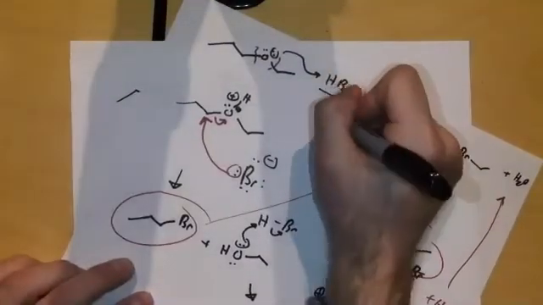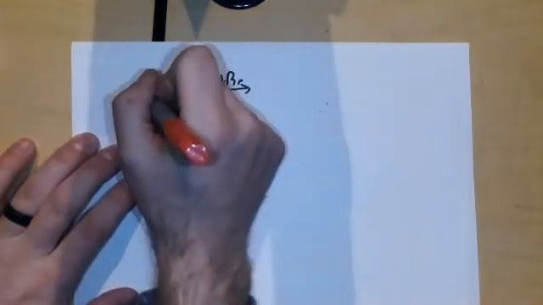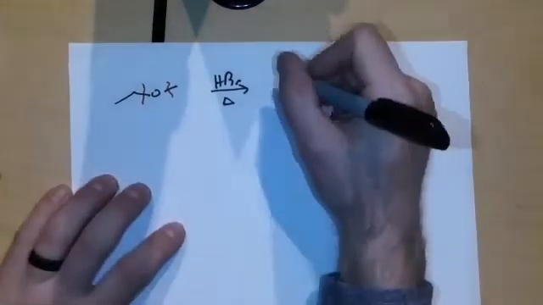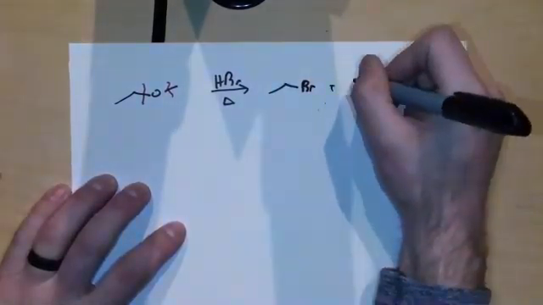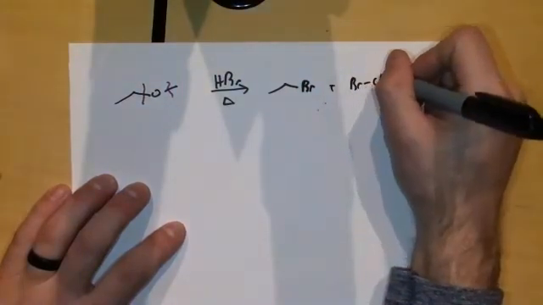I think I forgot to heat it up here, although it'll still happen at room temp, it's just slower. You're going to essentially break this in half at both positions. Get Br plus methyl bromide.